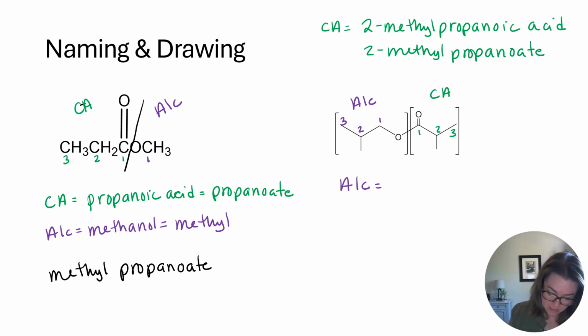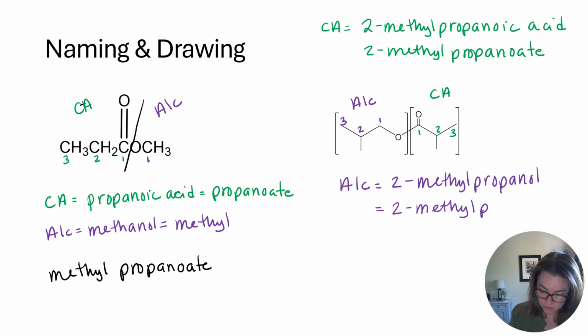Hold on. Let me try this again. I have 3 carbons, that's a propanol. I have a methyl group on carbon number 2. So the original alcohol is a 2-methyl propanol. Now, this is going to give me a 2-methyl propyl.